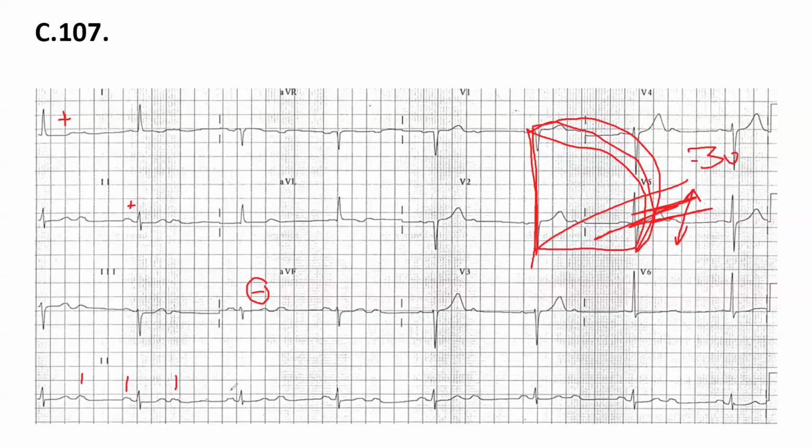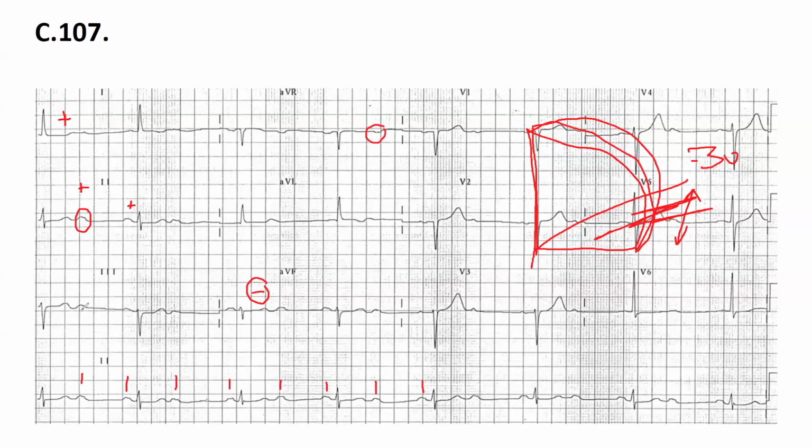Then the P intervals. P waves. Where's the P wave? Do we have P waves? Yes. Positive in lead 2 and negative in AVR, so that's okay. It could be originated in the sinus.